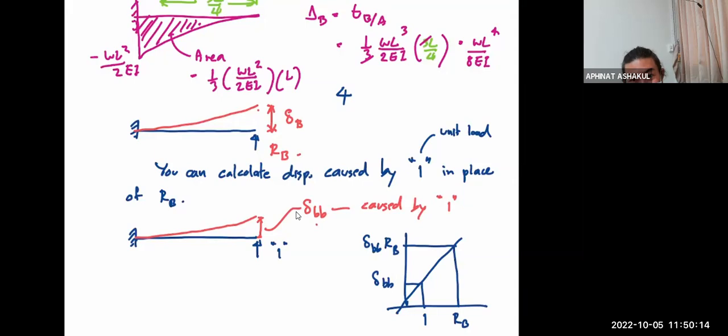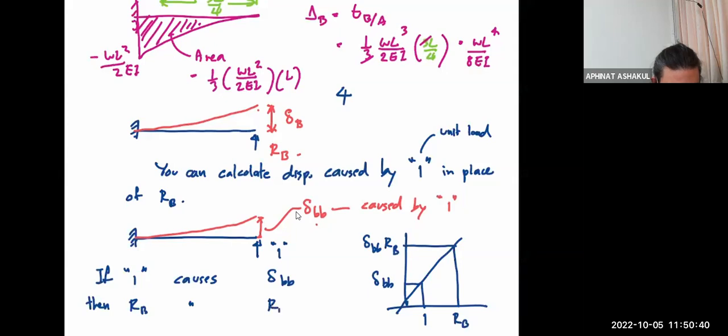But if it's not non-linear, you can still do it with some extra equations. If a unit load causes a displacement equal to delta BB, then RB will cause the displacement equal to RB delta BB, which is essentially the same thing.